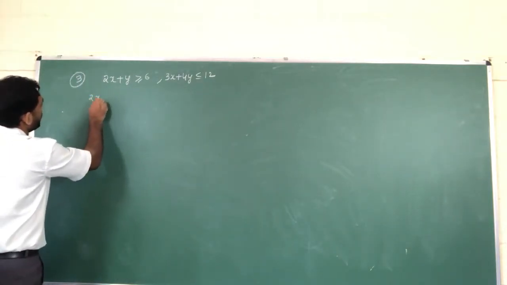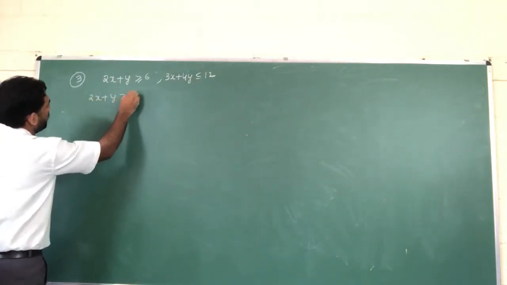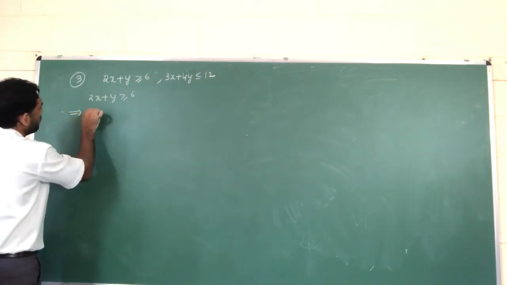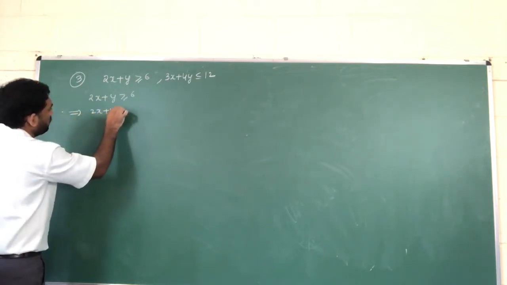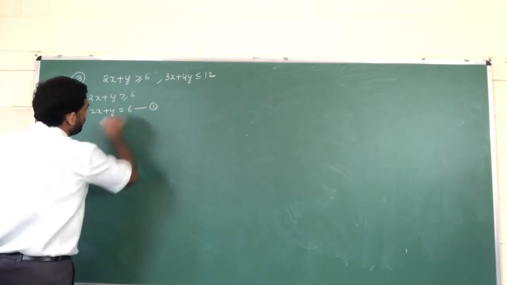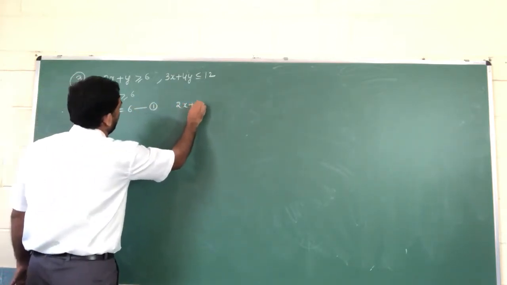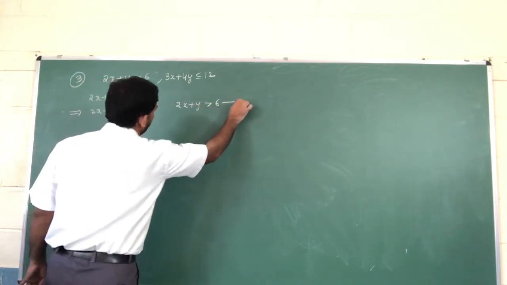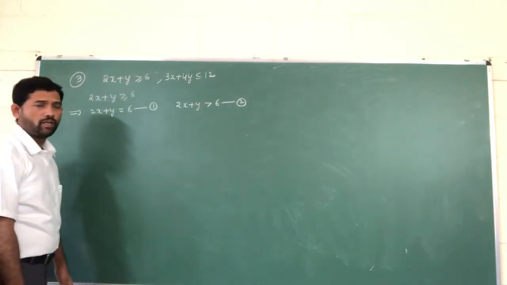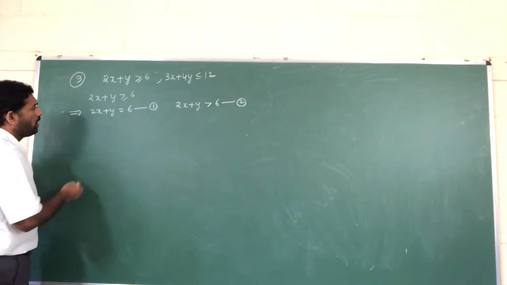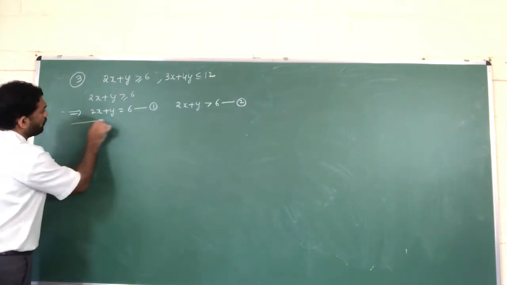So 2x plus y greater than or equal to 6 implies 2x plus y equal to 6, which is equation number 1. And 2x plus y greater than 6 is equation number 2. Now for equation 1 you have to take a table.